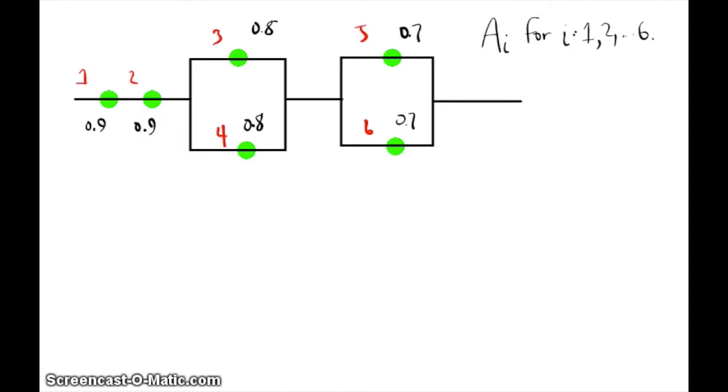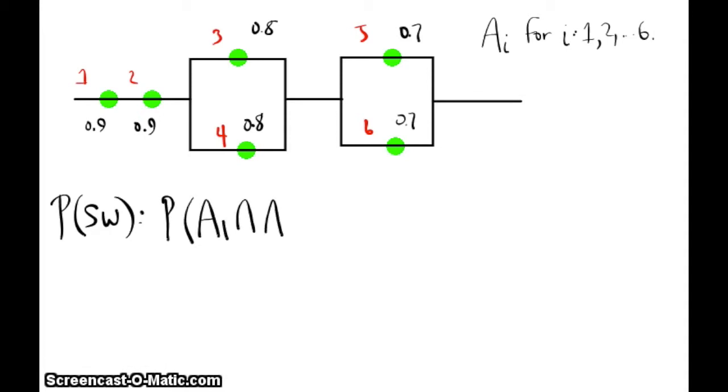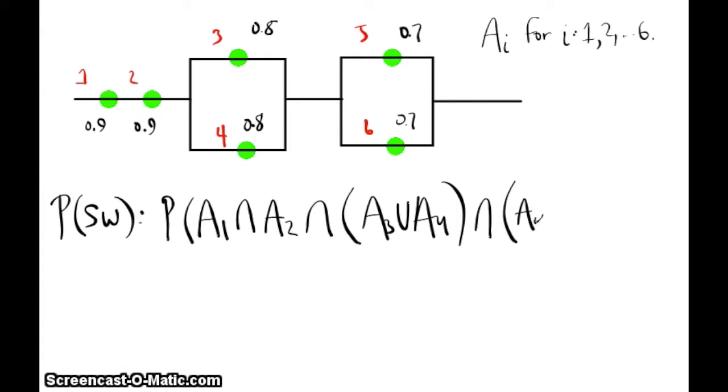So the probability of the system working equals the probability of A1 intersection A2 intersection (A3 union A4) intersection (A5 union A6), so that this is including everything in that tiny intersection to find the probability of the system working.